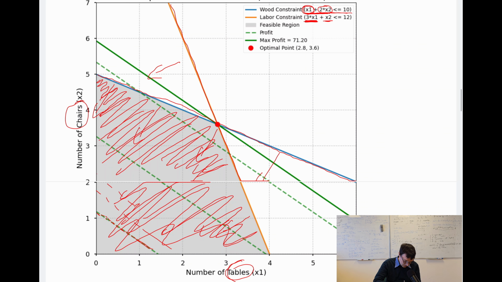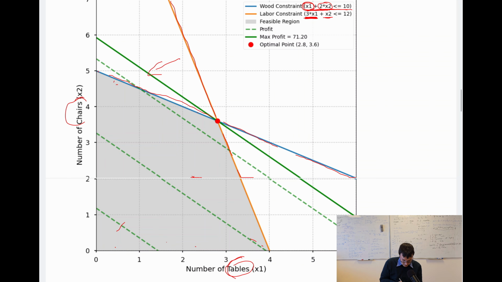So these are going to be representations of our profit for different combinations of chairs and tables. So the idea here is that the more we go in this direction, the more profit we make, okay? And this amount of profit, for instance, corresponding to this green line over here, can be obtained with different combinations of tables and chairs, okay?